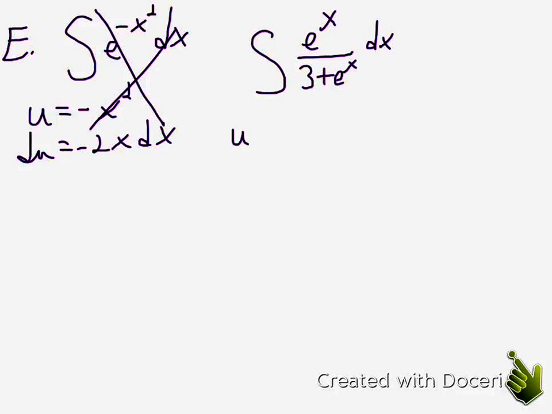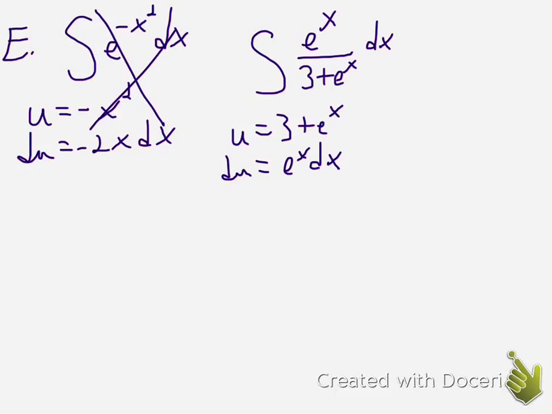Go to the second one in row E. And this one we can do. Here we let u equal 3 plus e to the x. And the reason we want to let u be that denominator is because we want to put that to a power of negative 1. So du, derivative of 3 is 0. Derivative of e to the x is e to the x.